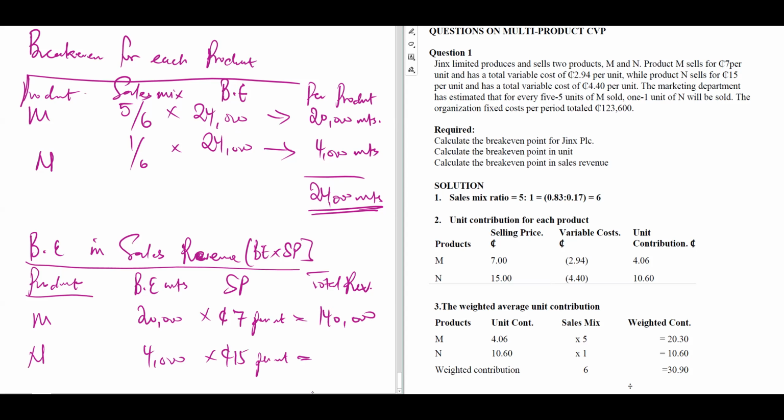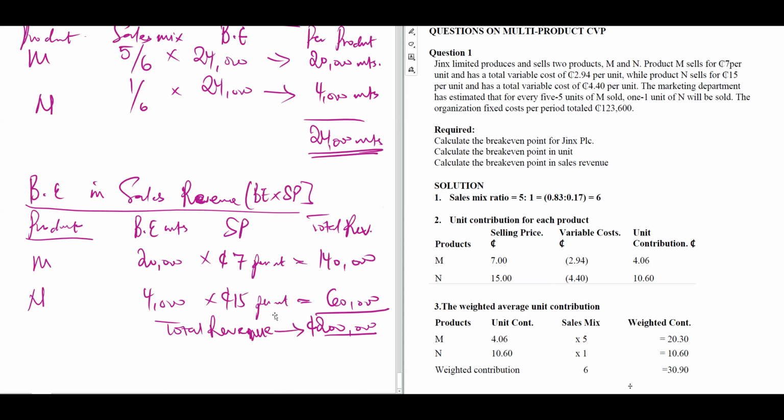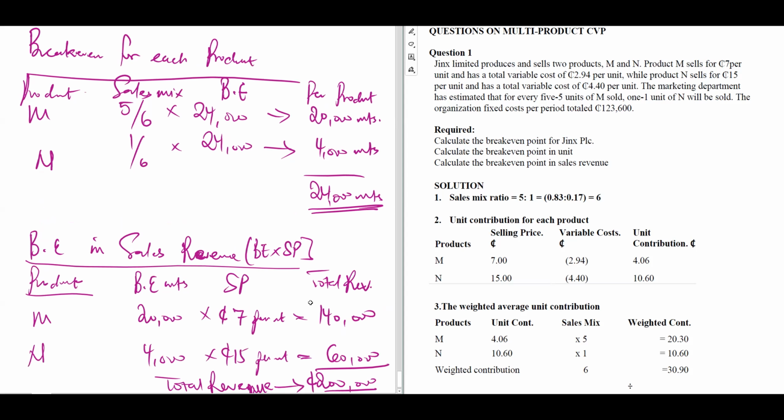And this one gives us what? 60,000. True or false? We put it together. Do we get 200,000? Yes. So this is the total revenue. So the company must make a total of 200,000 cedis in sales to break even.